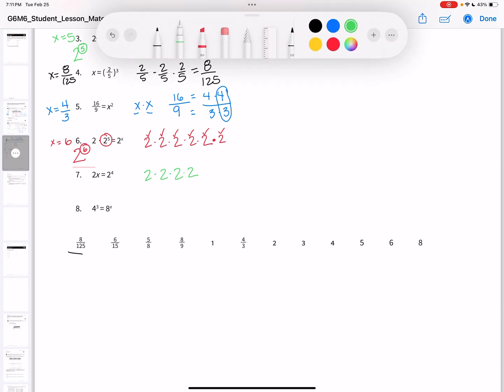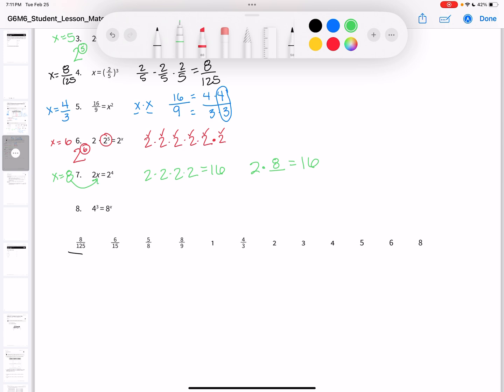So if 2 to the 4th equals 16, then 2 times what gets you 16? Well, 2 times 8 gets me 16. So x here equals 8. Because if I plug 8 into x, 2 times 8 is 16.